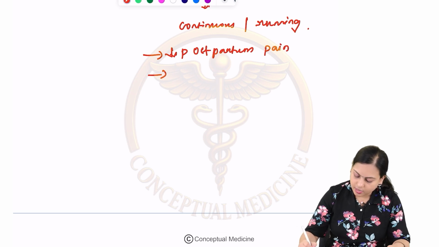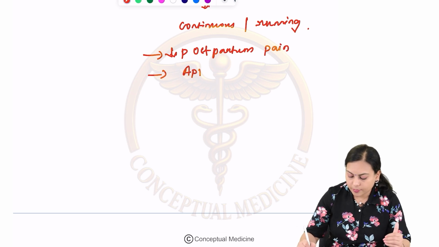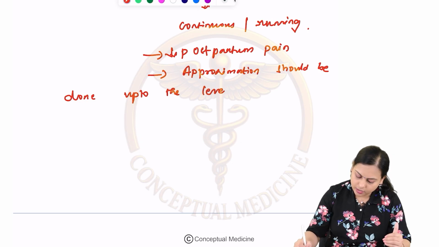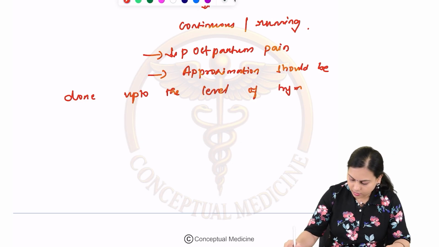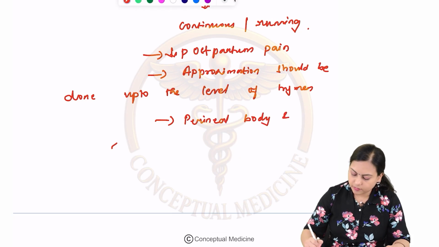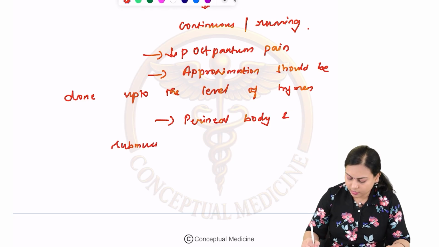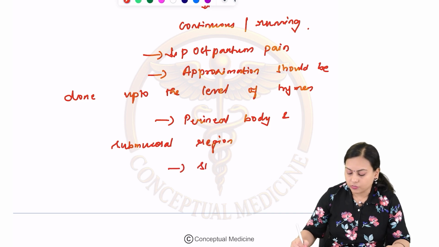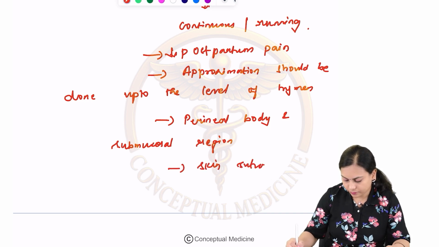Also remember that the approximation of these sutures should be done up to the level of the hymen. If there is a need, you should even repair the perineal body and the submucosal region. Finally, you have to do skin suturing as well.